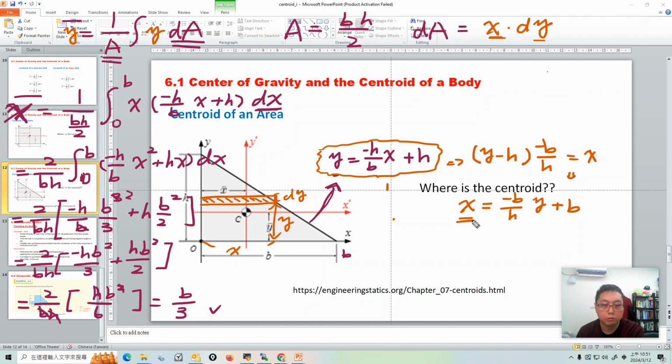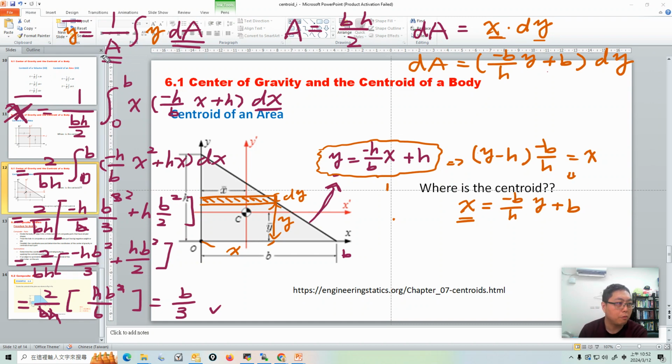We have to use this x plugging in. So we have dA equal to that expression times dy. We change x in terms of y. Okay, so we got everything together.